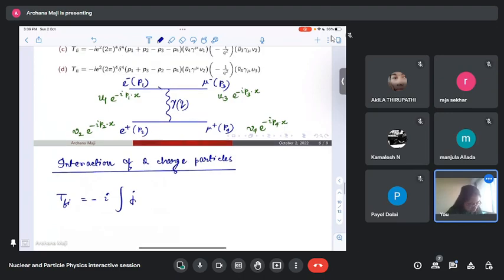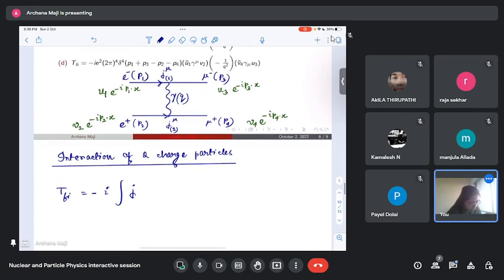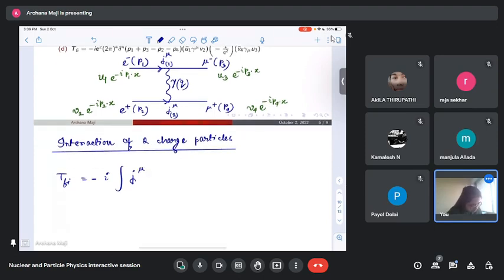If this current is J mu1 and the current for this is J mu2, then J mu1, for the photon, times minus 1 over q squared, times J mu2 d4x.